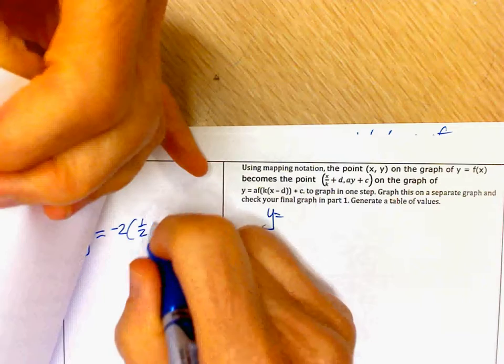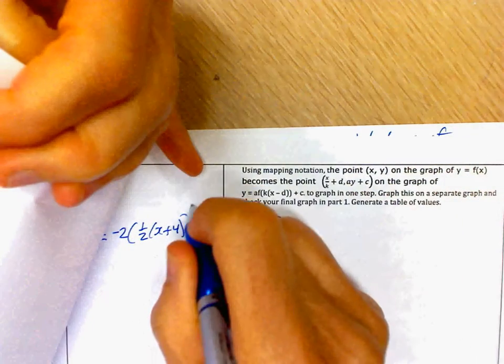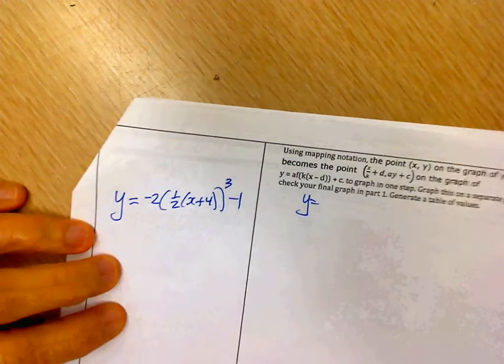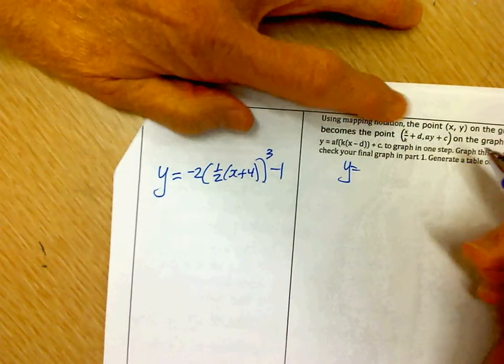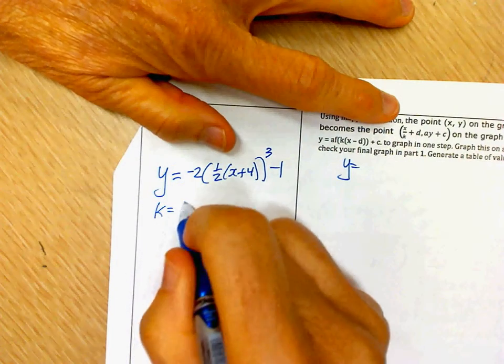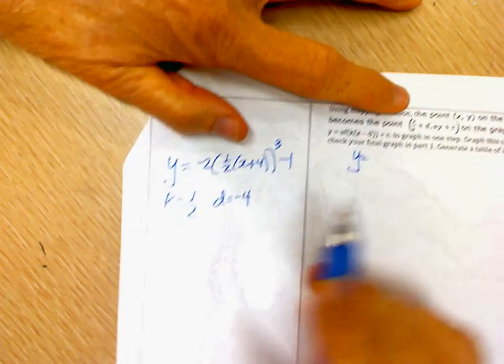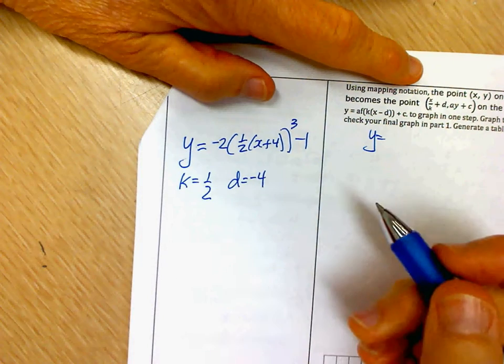So if we want to graph this function using mapping notation, notice that k equals 1/2, d equals negative 4, right, because it's going to the left 4. A equals, I'm just following this order, negative 2, and c equals negative 1.